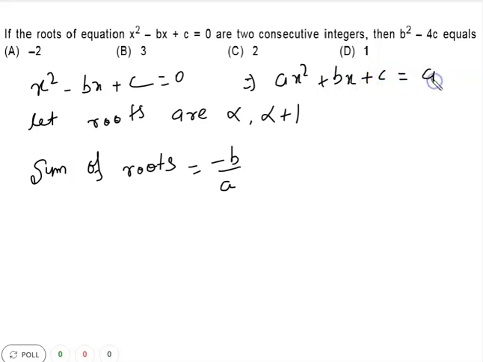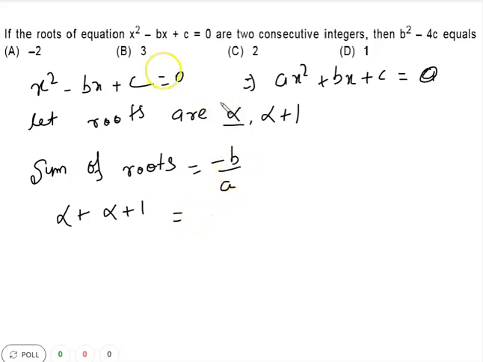So we can consider a as the coefficient of x square, b as the coefficient of x, and c as the constant, right? So for the sum of roots, according to the roots alpha and alpha plus 1, we can add both the roots here, alpha plus alpha plus 1.